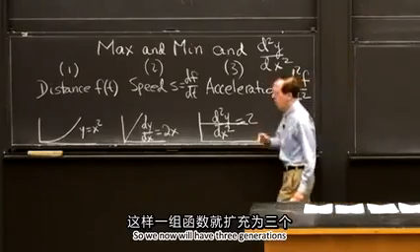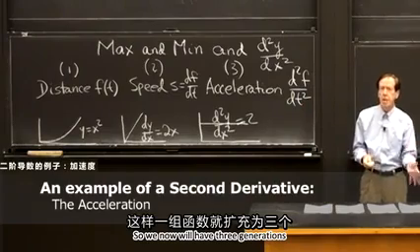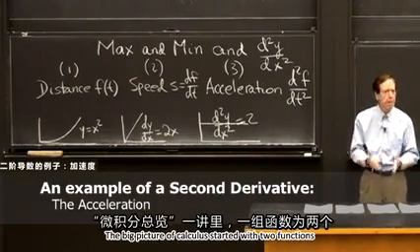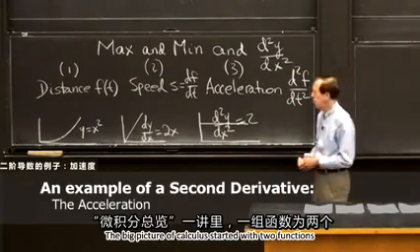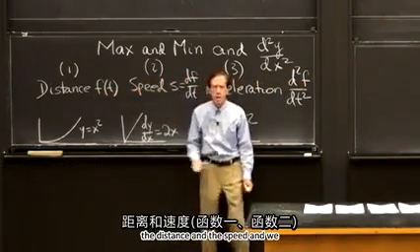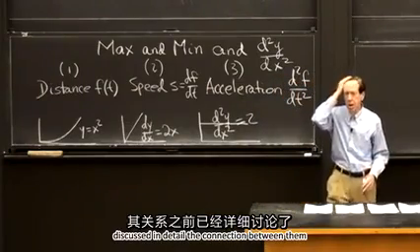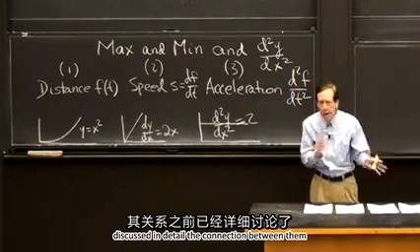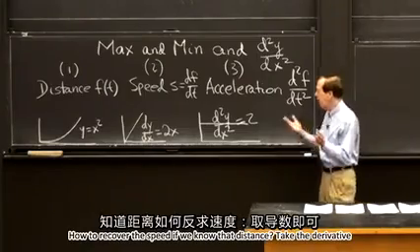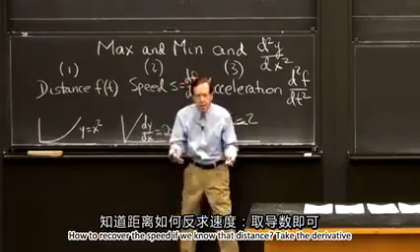So we now will have 3 generations. The big picture of calculus started with 2 functions, the distance and the speed, and we discussed in detail the connection between them. How to recover the speed if we know the distance: take the derivative.